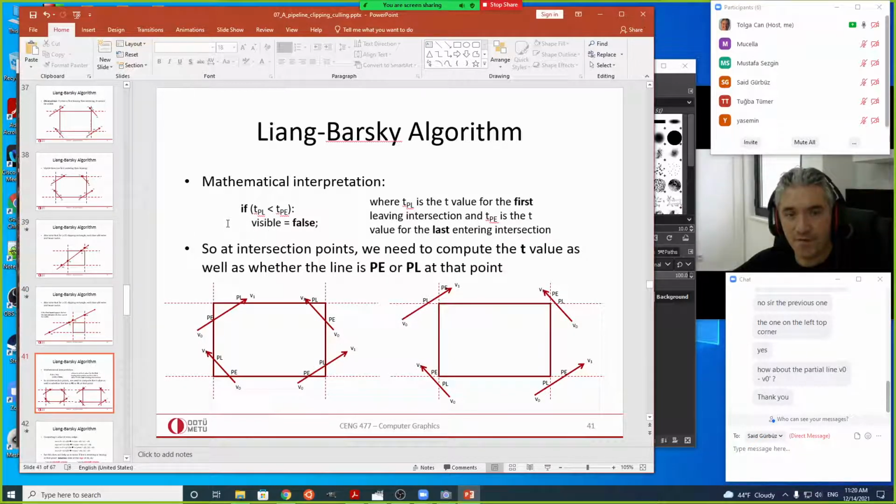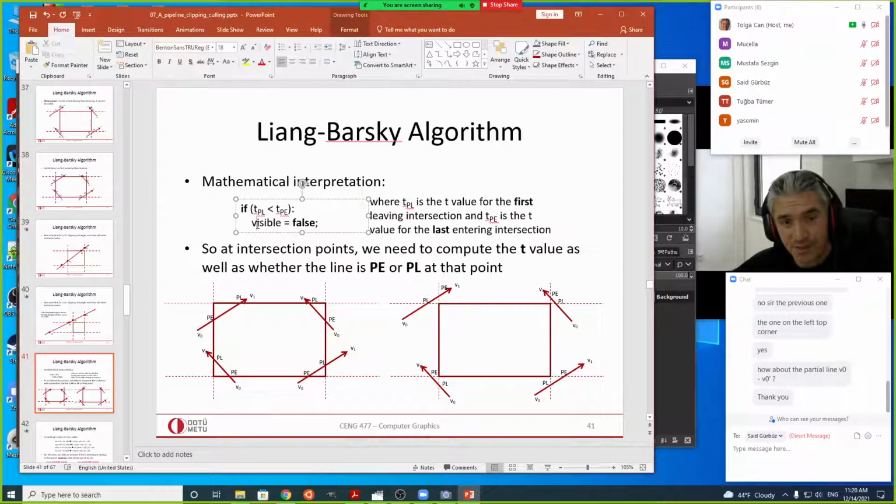Therefore, the if condition. I'm going to show you some pseudocode, some actual C code that shows how the entire Liang-Barsky algorithm is implemented, but it's just a bunch of if-else statements, nothing more. So these are the t parameters, as you can see.